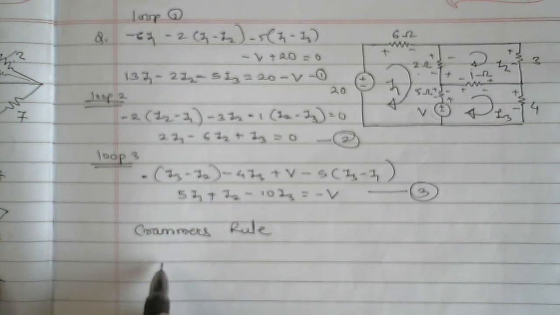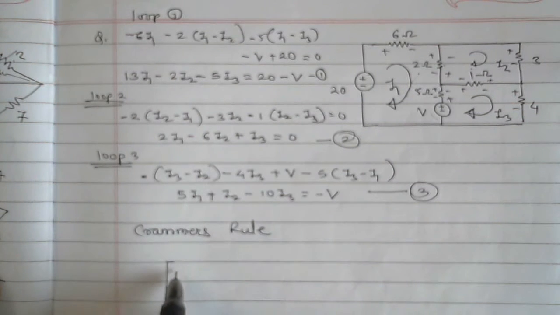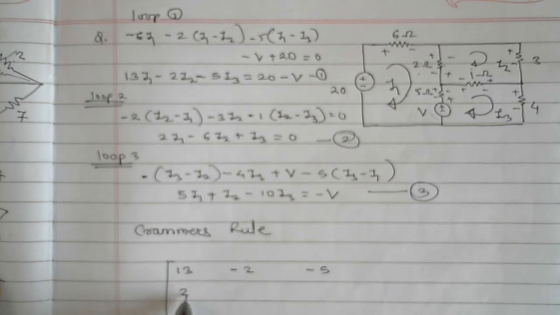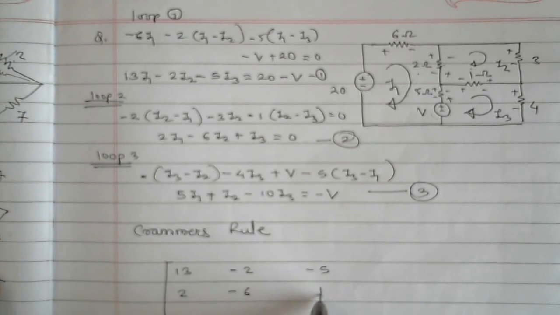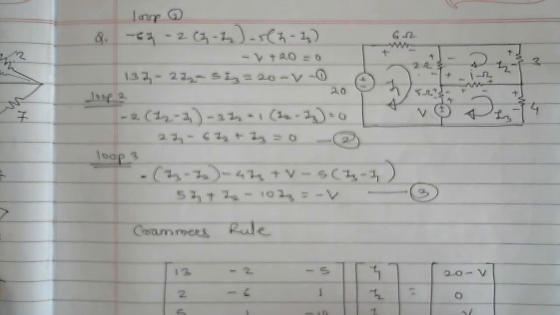Arrange all these coefficients in a matrix fashion. For I1 it is 13, for I2 minus 2, for I3 minus 5. Similarly, in the second equation 2, minus 6, 1. In the third equation 5, 1, minus 10. Multiplied by I1, I2, I3 equal to 20 minus V, 0, minus V.